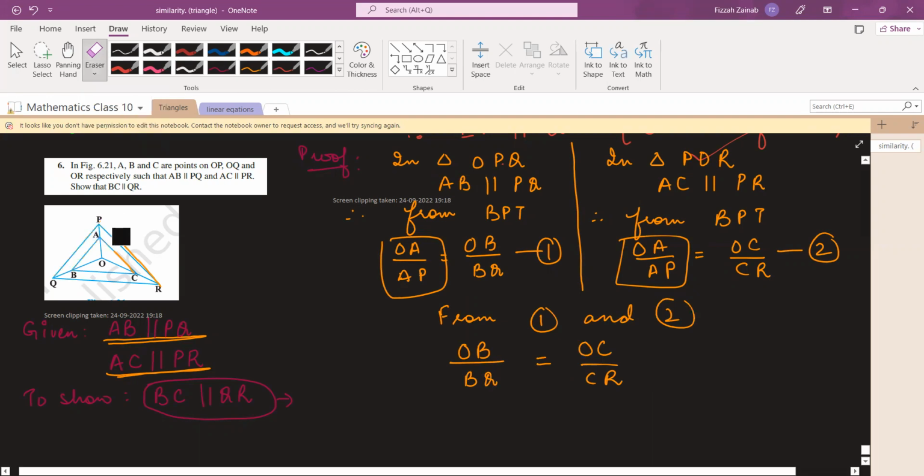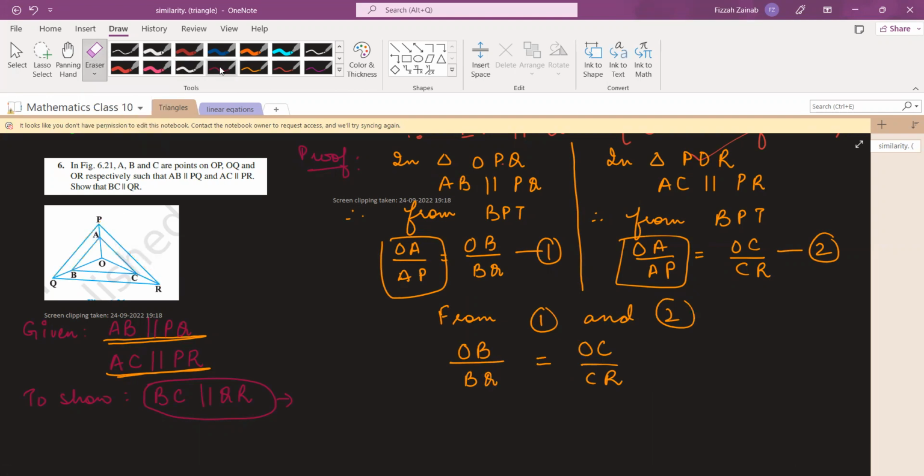Let us come back again to the figure. Now look carefully. OB, where is OB? OB is this, upon BQ, that means BQ is this, is equal to OC, that means this, upon CR, that means this. So this part upon this part is equal to this part upon this part. Now tell me which line is parallel to which line? BC parallel to QR. Very good. So you take a triangle first of all.